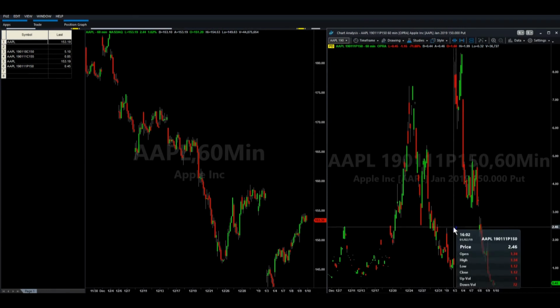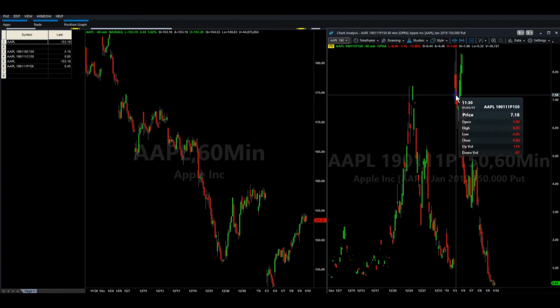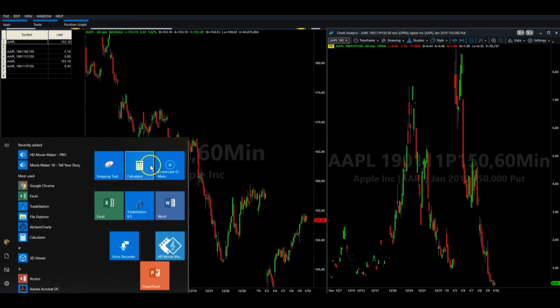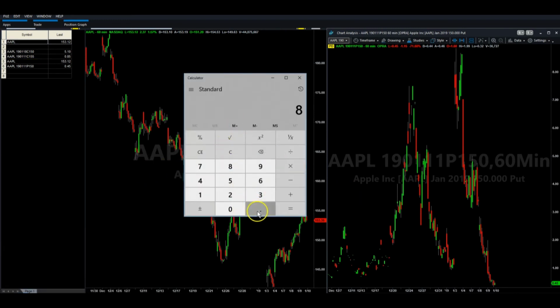Here, on January 2nd, this put closed at $1.12. It went as high the next day as $8.85. If we take $8.85 and we subtract our purchase price of $1.12, that's $7.73.